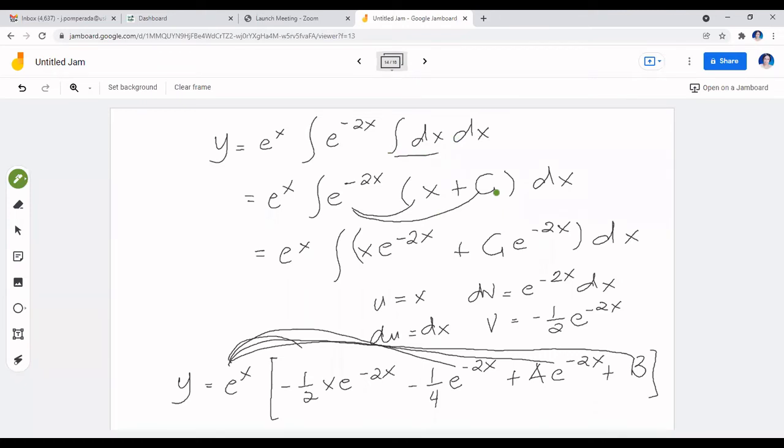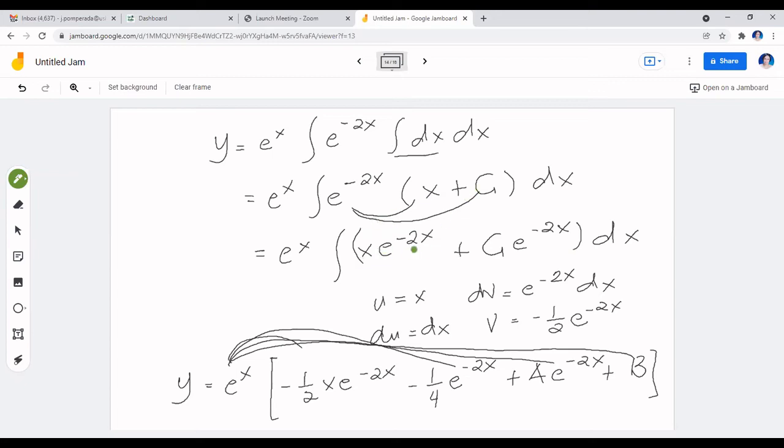And that's your c sub 1. This is your answer for your first integral. It should be multiplied to this e raised to minus 2x before you do the next integration. So if you multiply or distribute this to these two, this will be your expression. Right? Distribute it.